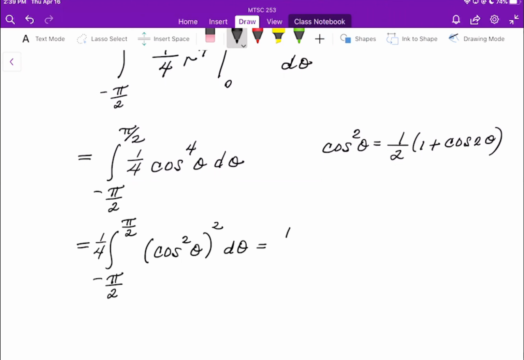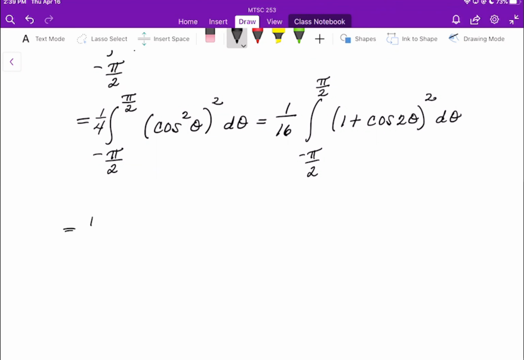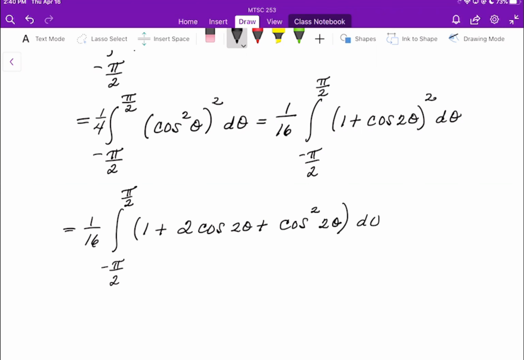So now I'm going to have 1/16, the integral from minus pi over 2 to pi over 2 of 1 plus cosine of 2 theta squared d theta. 1/16, the integral from minus pi over 2 to pi over 2 of 1 plus 2 cosine 2 theta plus cosine squared of 2 theta d theta.